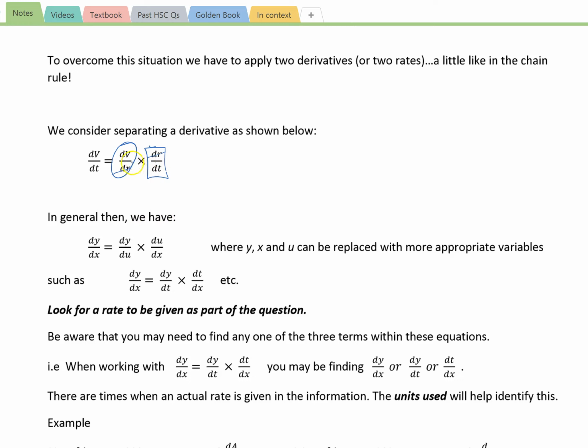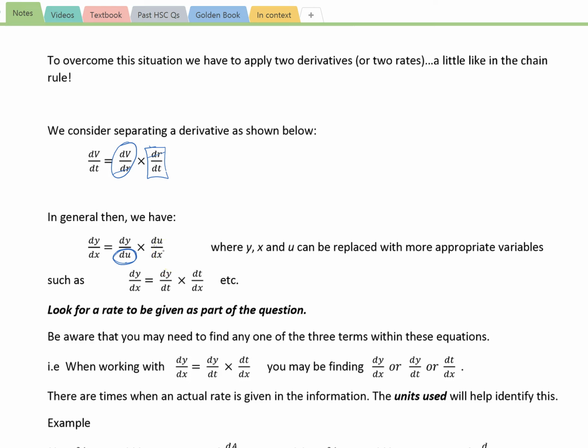Now, we won't always be talking about volumes and radiuses and times. So in general, what we say is that, more generally, we go back to our dy/dx, and we say that dy/dx can actually always be broken up into dy/du. Introduce here this u being whatever is convenient for us to introduce. And you would also know, because you'll want mathematically to be able to cancel these two out, that it'll be du and obviously dx.